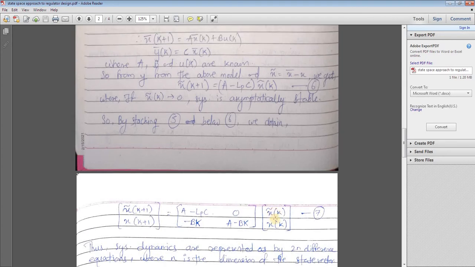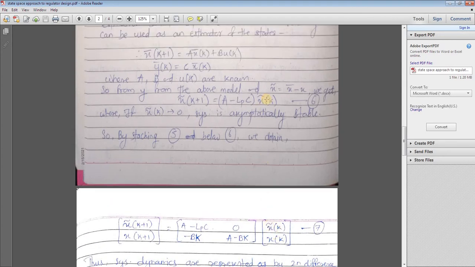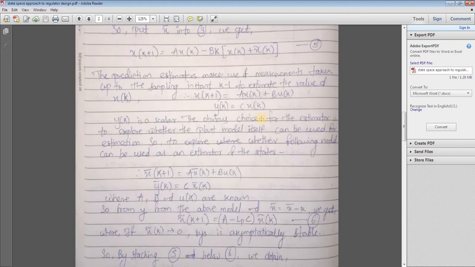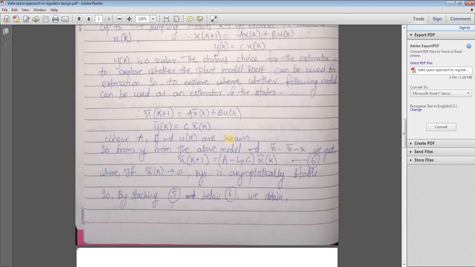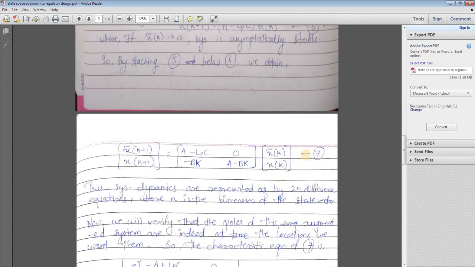Then the coefficients multiply x cap of k, this one, and x of k over here. Put this as equation number 7.